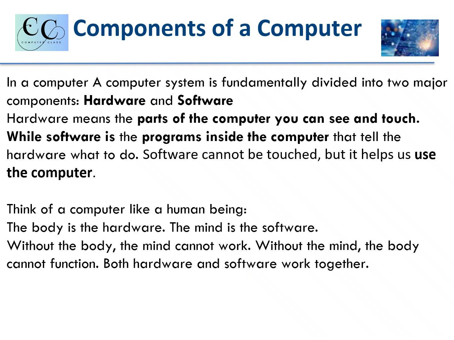Both hardware and software work together, and they are correlated, and the software or the programs within the computers are what guides the hardware in a computer on what to do.